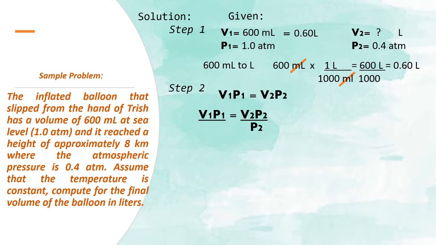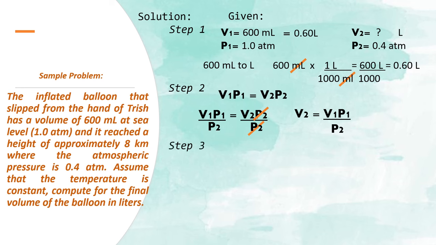You will just bring down the final pressure. Kung ano ang ibinaba mo sa side na ito, yun din ang ilalagay mo sa other side of the equation. Then it is now time for us to cancel final pressure. Our derived formula is final volume is equal to initial volume times initial pressure over final pressure.